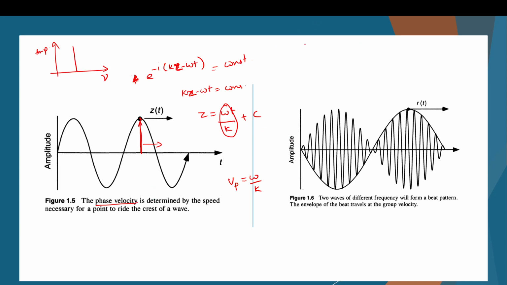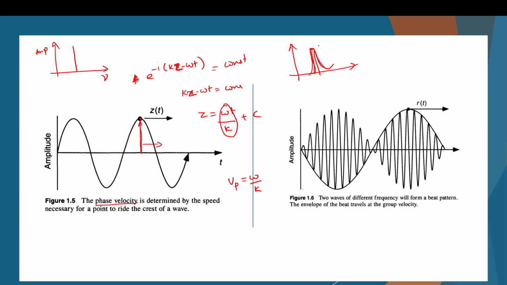In most general situations, we cannot have a single frequency of light, we will have some distribution around that frequency. So there are multiple frequencies traveling in the same medium and they will interact. Because of that, an envelope-like thing is created.